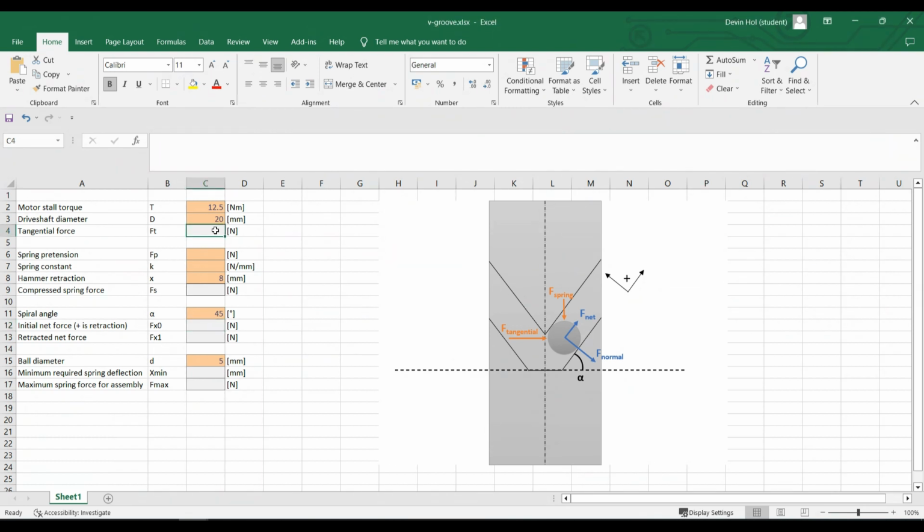Before filling in the parameters of the spring, we first write down the formulas in the gray output cells. These are the formulas that were shown earlier for calculating the tangential force, the compressed spring force, and the net force.